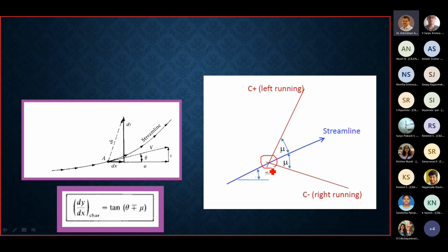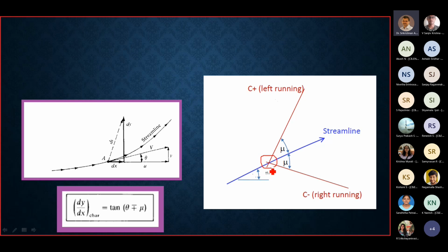Now, this left and right terminology is just by convention. Usually they say that when you are going along the wave, an observer who is moving along the wave sees the flow proceeding towards the left or right of that observer, and that is how it is named right running or left running.